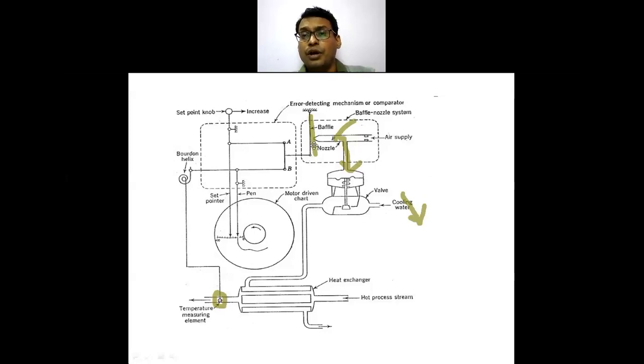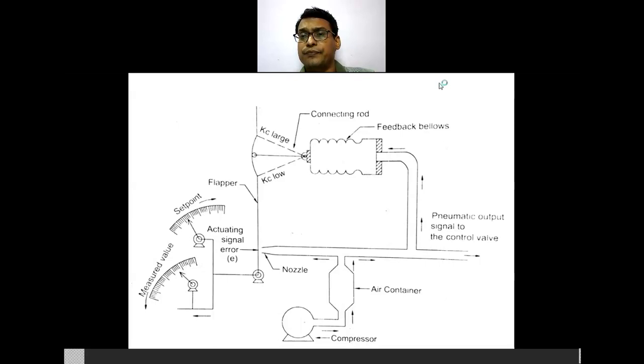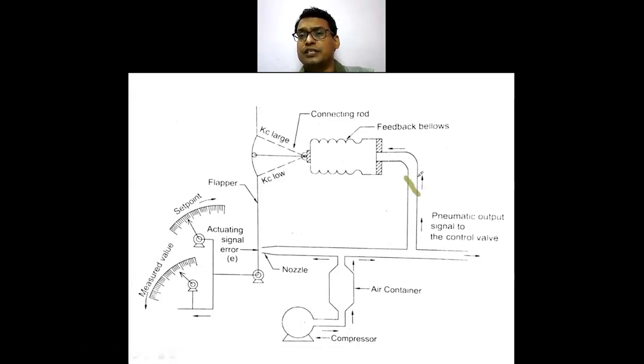Now in this case, where one baffle is provided, it is your proportional controller. Then one resistance is also provided, that is a valve which offers resistance for the flow.